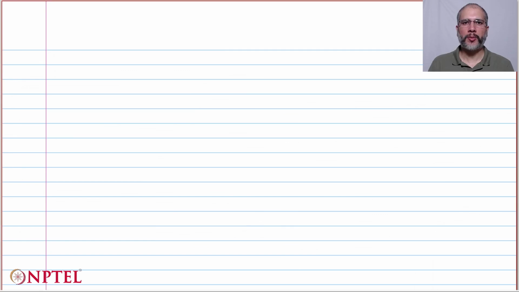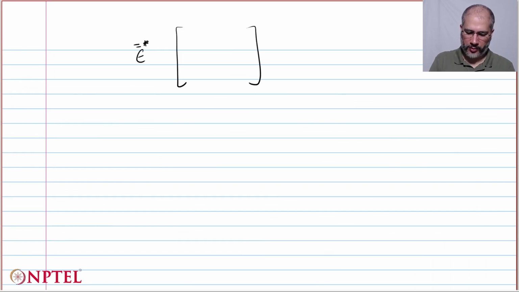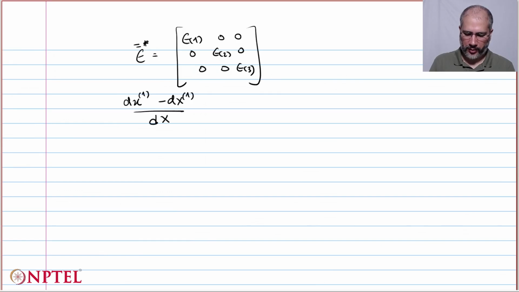So when working in the principal coordinate system, we know that the strain tensor epsilon, which we call epsilon star, looks like epsilon 1, 0, 0, 0, epsilon 2, 0, and 0, 0, epsilon 3. So in the above case, we can write dx1 minus dX1 upon dX1, which is the longitudinal strain, that is epsilon 1.